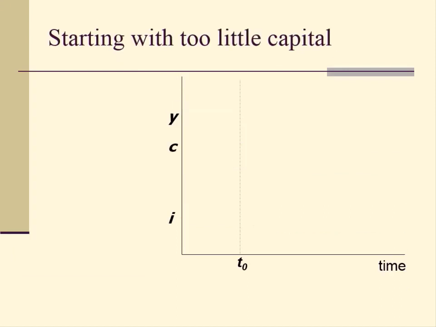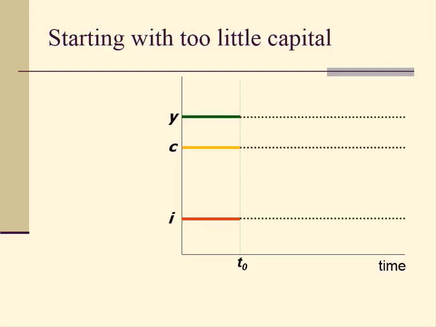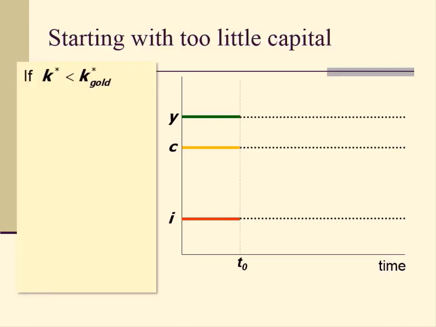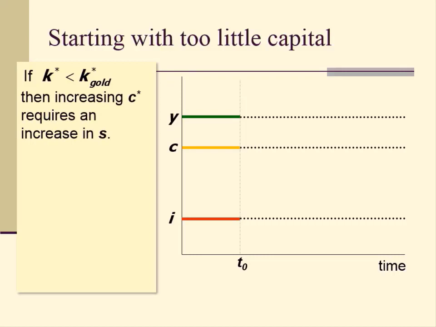Next case is starting with too little capital. So before T0, in a steady state where K, Y, C, and I are all constant, if K star is less than the golden rule level of capital stock per worker, then increasing consumption C star requires an increase in the saving rate.